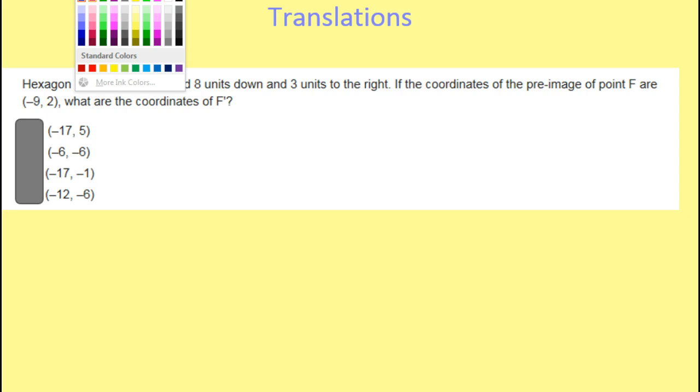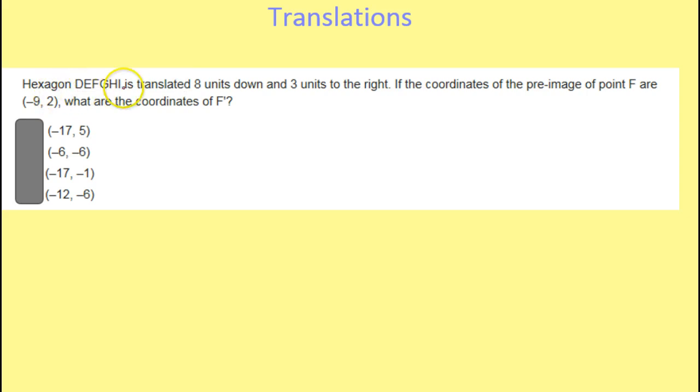Let's keep going. So we've got a hexagon translated 8 units down and 3 units to the right. Now that's backwards from what we normally say, because 3 units to the right, we're talking about x values. Understand? 8 units down, that's y values.